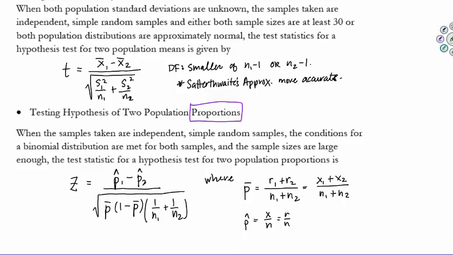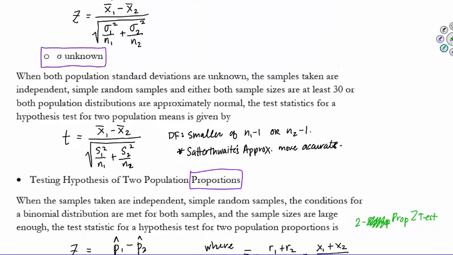Now, all these tests can be run in the calculator as well directly, if you just input the information that you're given. To run a proportion, you need the 2-sample proportion z-test. I don't think SAMP is there, so 2-prop z-test. To run it on a difference of means when we don't know the population standard deviation, that's a 2-sample t-test.